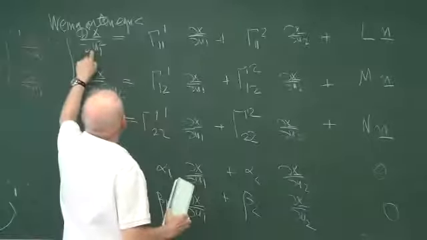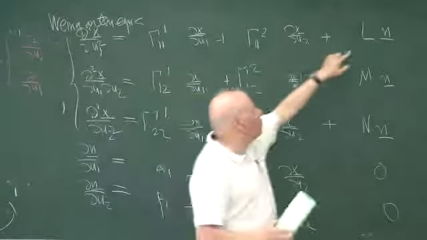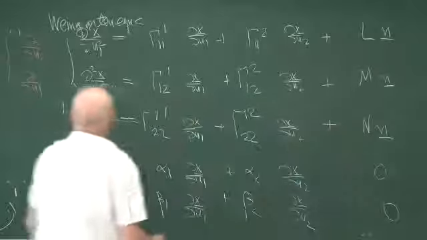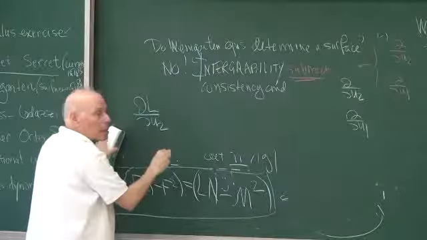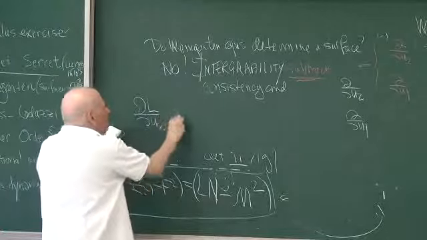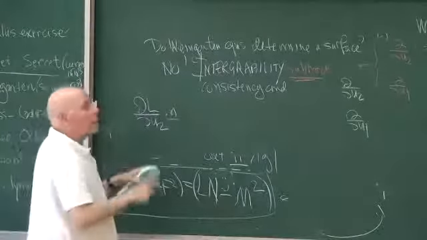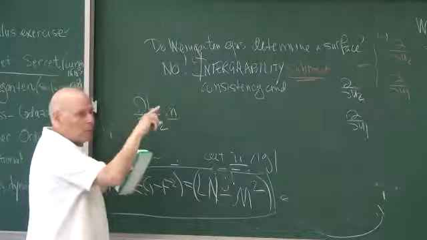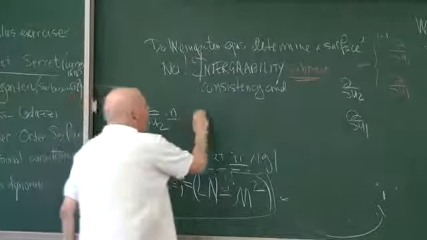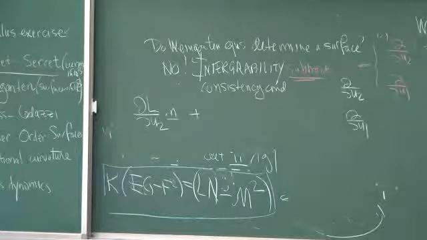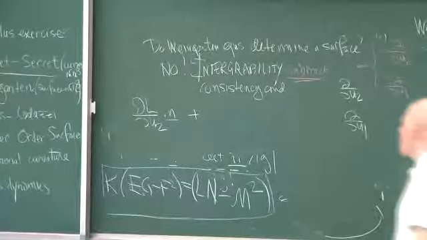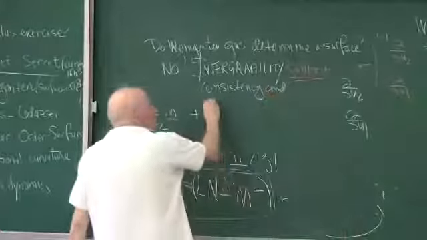It'll look like the partial of L with respect to u2, dotted with N. And then let's just work on the L one. Plus L times the partial of N with respect to u1.